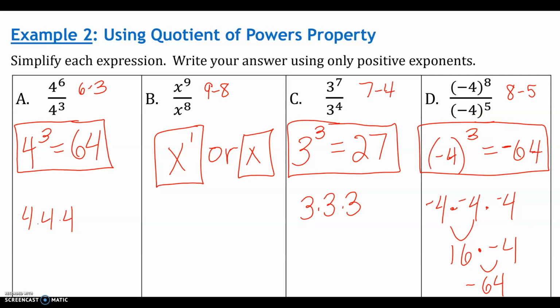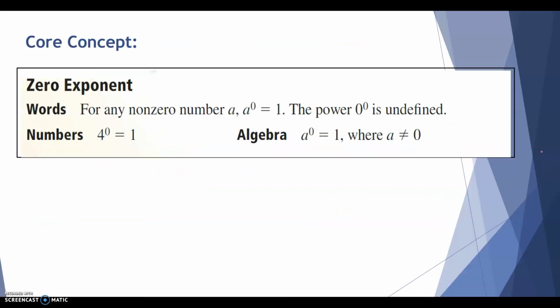Okay? Now the next property is by far the easiest one, and there is no work for this property. So this one deals with when you have a 0 in the exponent. So it's called the zero exponent property. It's very clever. So this is what it says. If you have any number or any letter that has a 0 as an exponent, it will be always a 1.